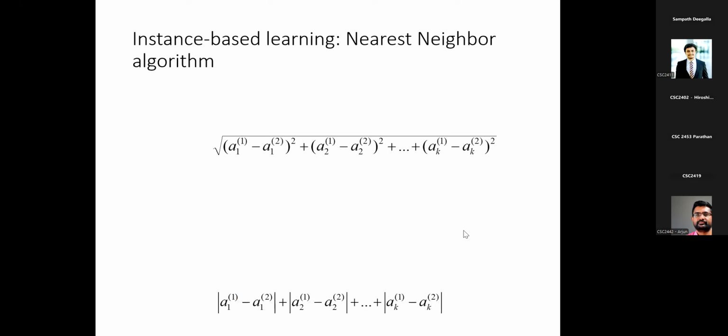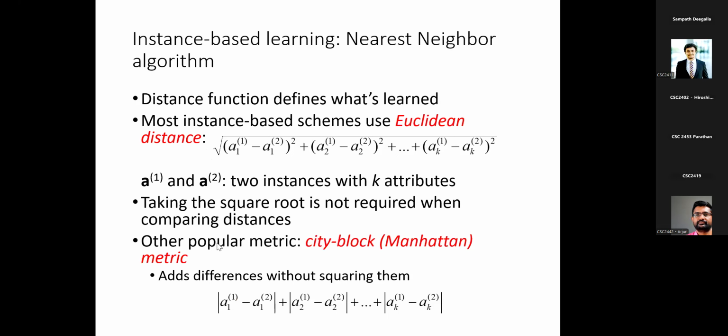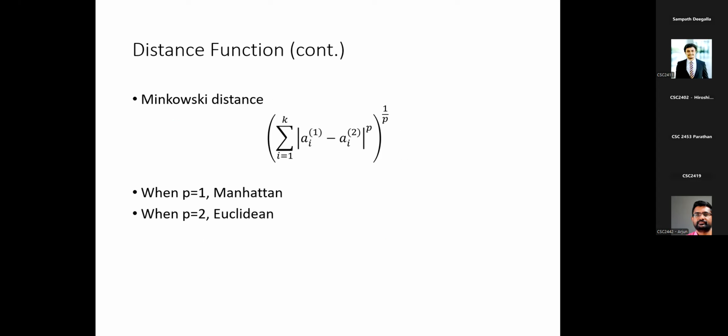Going back again to distance calculations, you can use Euclidean distance. You calculate the difference between all the attributes, square them, and finally take the square root. In city block or Manhattan distance, you just take the absolute value. These are the two common distance measures. This is also available as Minkowski distance, and I will explain this in the implementation in scikit-learn as well.